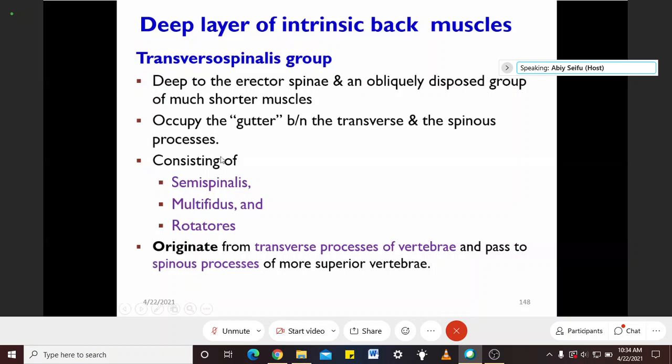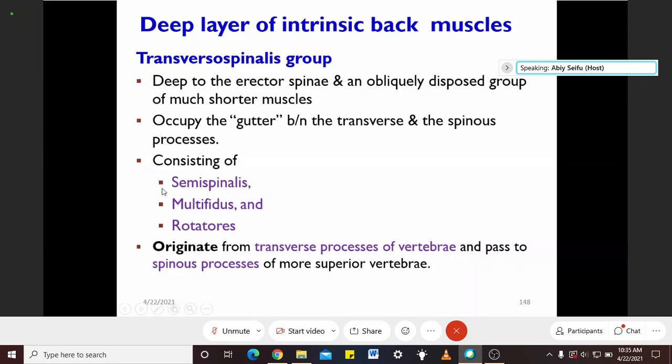Those muscles consist of three muscles: semispinalis, multifidus, and rotators. They originate from the transverse process of vertebrae, and they insert on the spinous process of the superior vertebra.